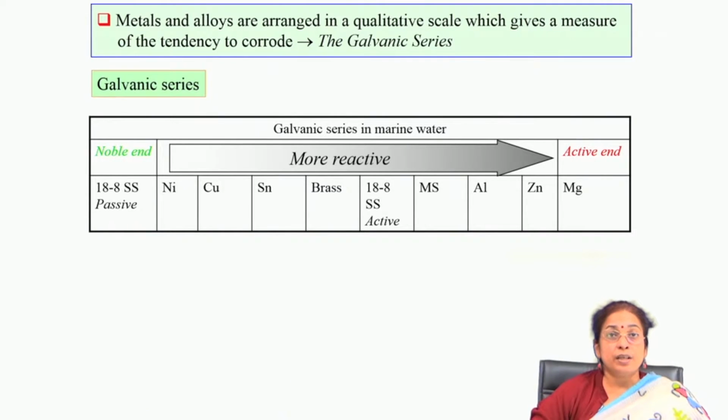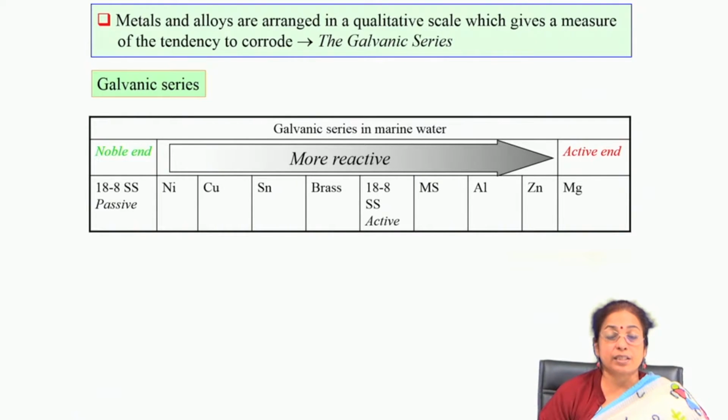Usually for metals and alloys, if you talk about general corrosion or atmospheric corrosion in a normal environment, the standard EMF series plays a very important role in choosing materials. But for quantitative application of metals and alloys in an actual environment, the series applied is the galvanic series.